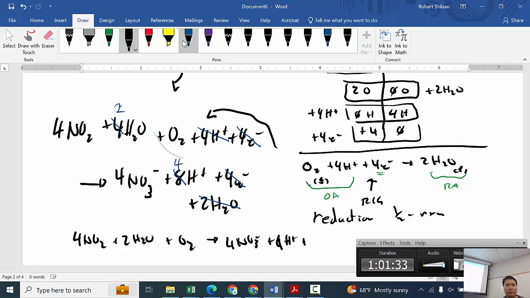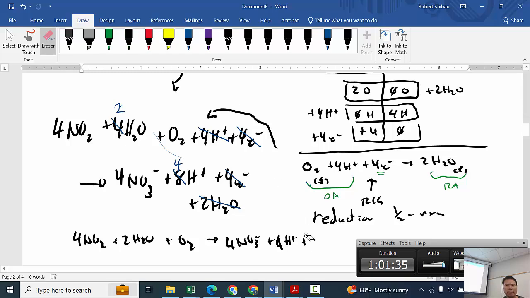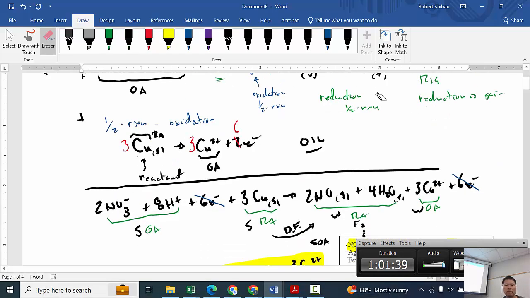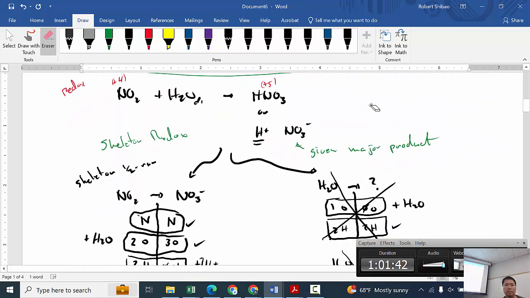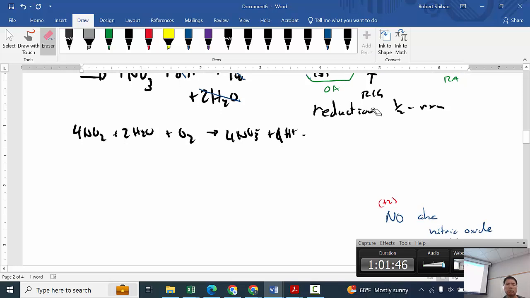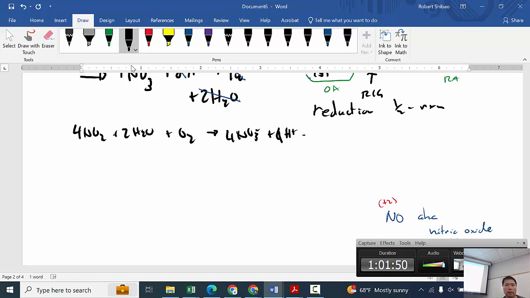And I guess that's it. NO2 is a gas, H2O is a liquid, O2 is a gas, and these are aqueous.